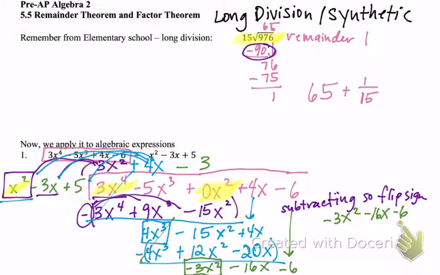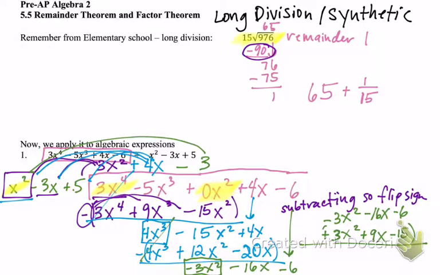I'm going to distribute this negative 3 to the x squared. So minus 3x squared. Negative 3 times a negative 3x is a positive 9x. And negative 3 times a positive 5 is minus 15. Subtract. So I'm going to flip my signs. So the negative 3x squared becomes positive.